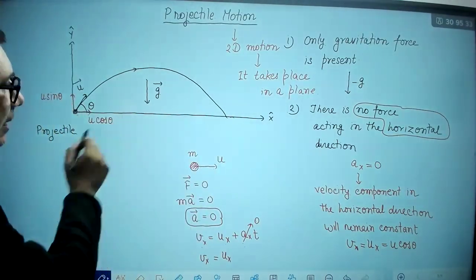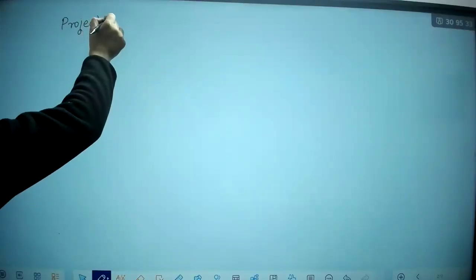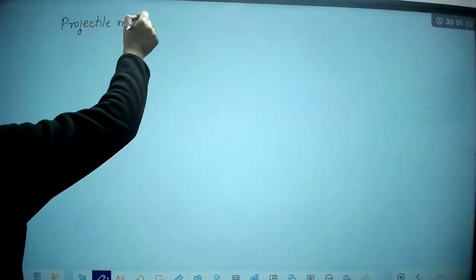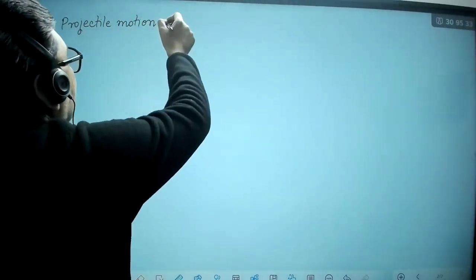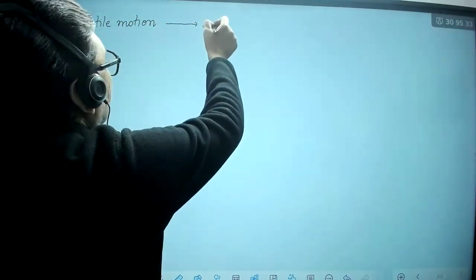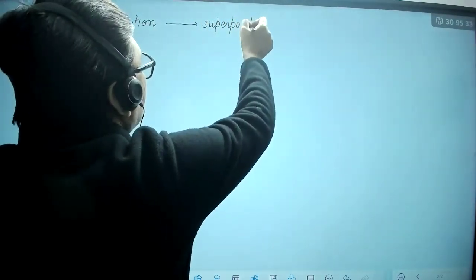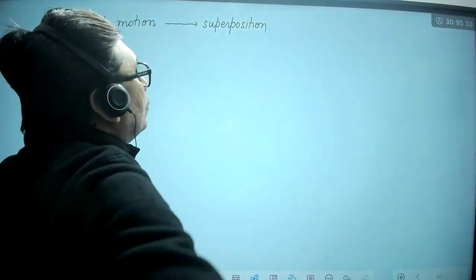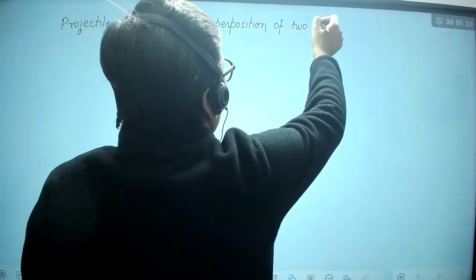Now, this projectile motion can be considered as the superposition of two one-dimensional motions, two 1D motions.